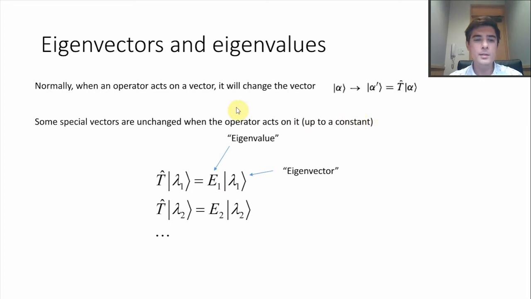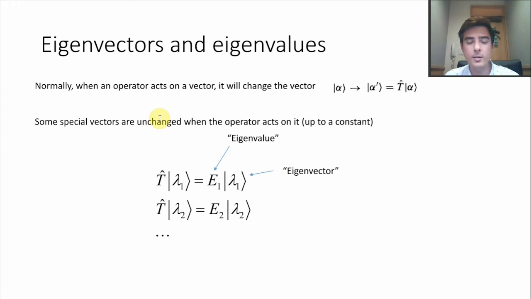These are special vectors that are immune to the effects of the operator. These are the so-called eigenvectors, and they're very useful in terms of knowing the properties of the matrix, and they'll also be very important in quantum mechanics.